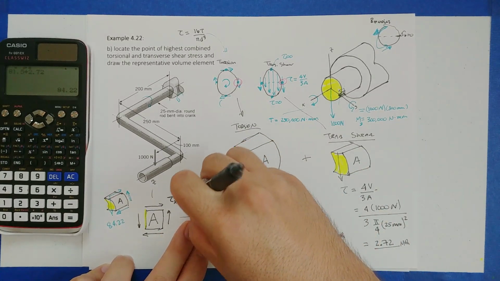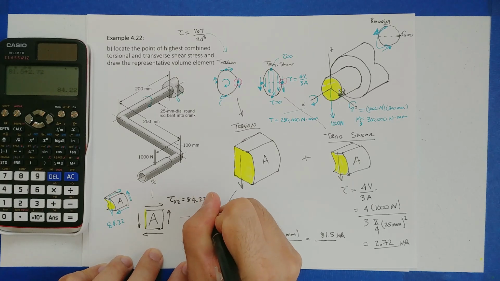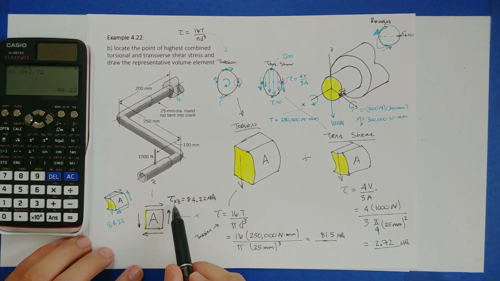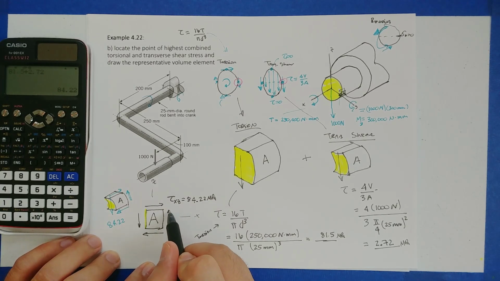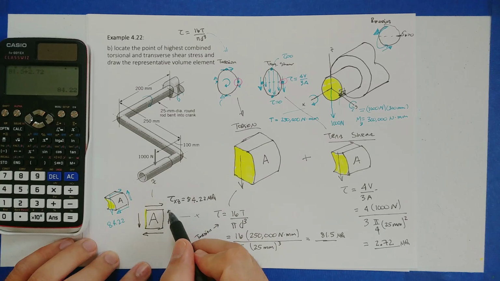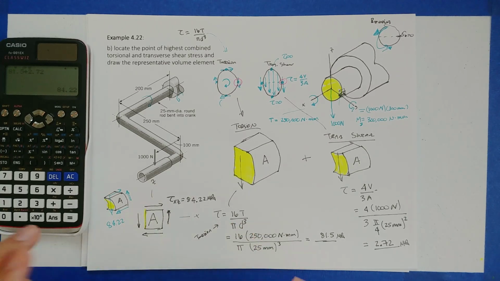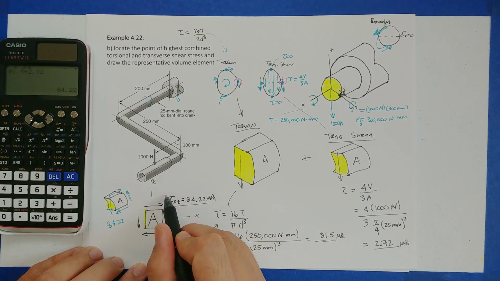Sorry, I got ahead of myself with that decimal point. This would be a positive tau xz, because that's the arrow that is on the x face and pointing towards the z. If these arrows were reversed, like pointing down, this one pointing up, then it would be considered a negative, but as it is, it's a positive.